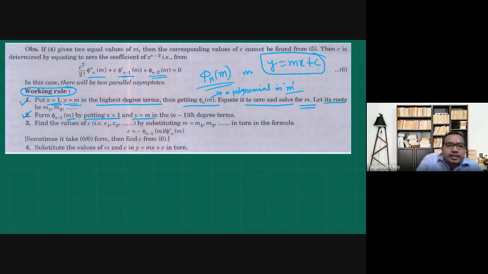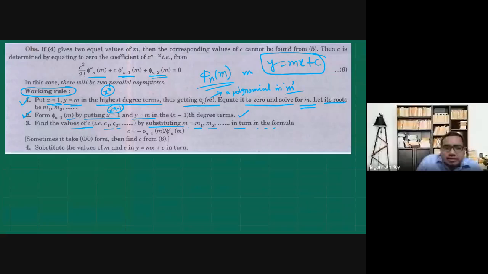So for n degree, first we will consider the x to the power n terms, then we will consider the x to the power n minus 1 degree terms, and we'll do that again. So find the values of C, where C1, C2, and Cn, by substituting m equals to m1, m2, and so on.